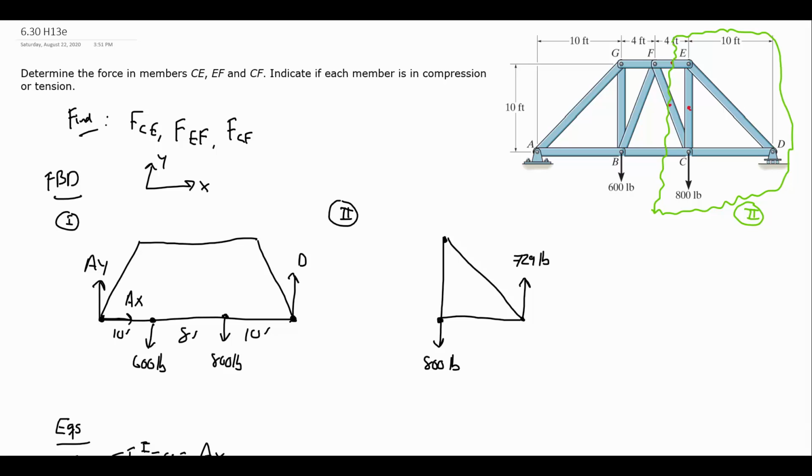And I know that this is going to be 10 feet in the vertical, and C to D is also going to be 10 feet. Now I can see where I cut, just for illustration here. I'm going to keep some of the beam, but I cut through the beam, and that's what's being exposed also in this picture.